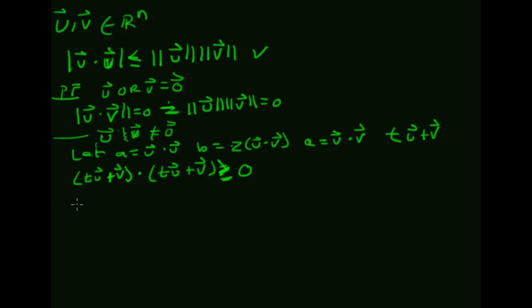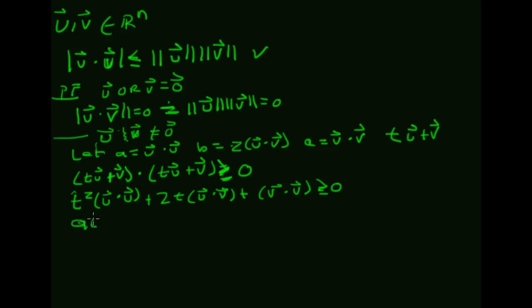A little bit of algebra here, and you get t squared times u dot u plus 2t times u dot v plus v dot v is greater than or equal to 0. This is the result of binomial multiplication of vectors and the distributive property. You can try that out for yourself and see that it works.